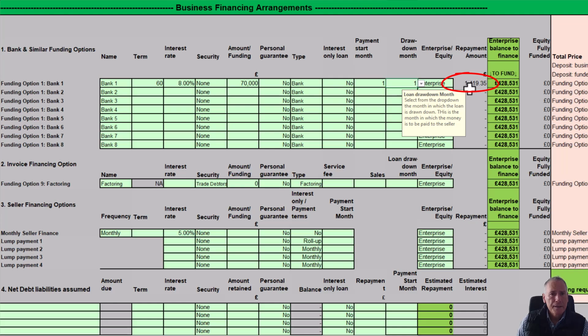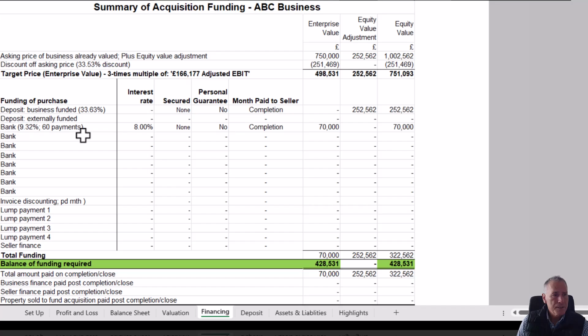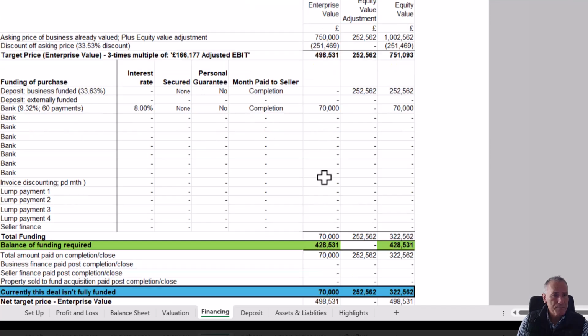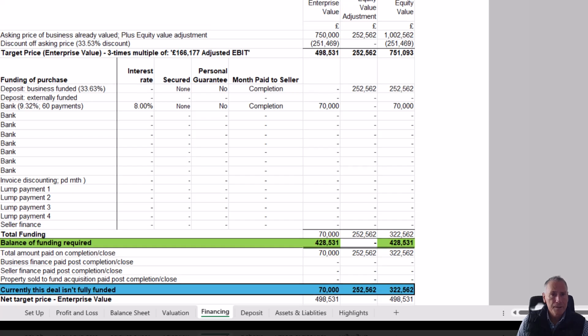So what that's done is it tells you how much the repayment amount will be, which in this case is £1,400 a month. And it's reduced down by £70,000 what's left to fund. So we can have a look down here. In this column, we've got £70,000 and we've got balance of funding required, which is in this column too.